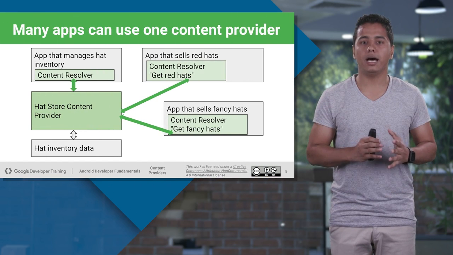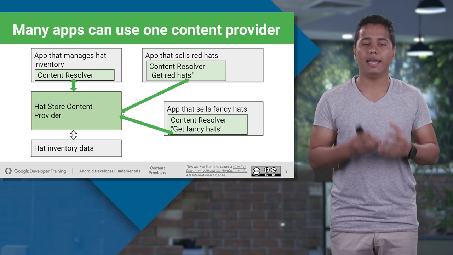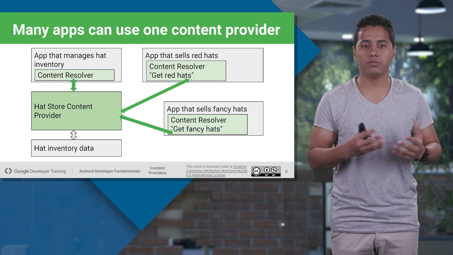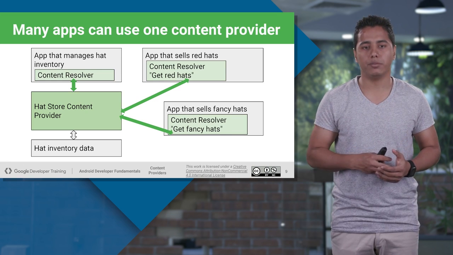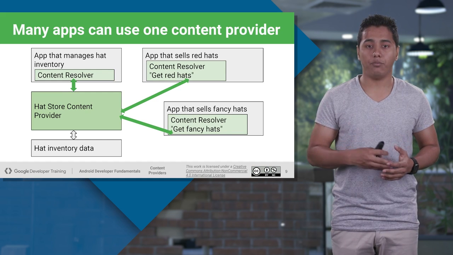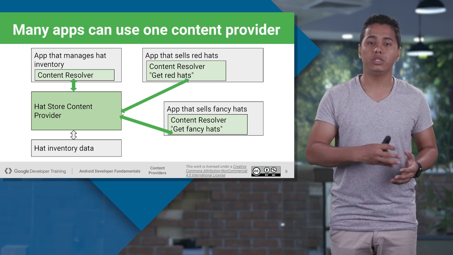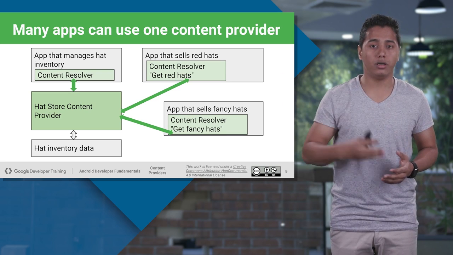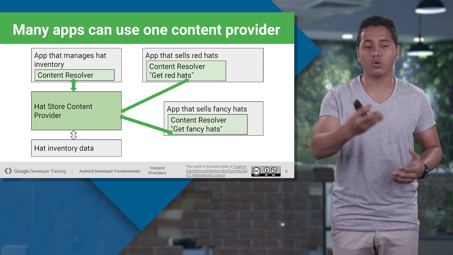So how exactly can other apps access your Content Provider? Let's say you have an app, and inside your app you have a Content Provider created, and inside that Content Provider you have your database. If any other app wants to get access to your Content Provider, they need to again create the Content Resolver from wherever they are calling it, and then they have to get access to your Content Provider.